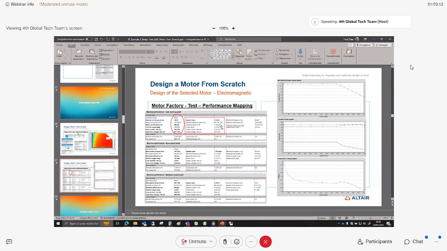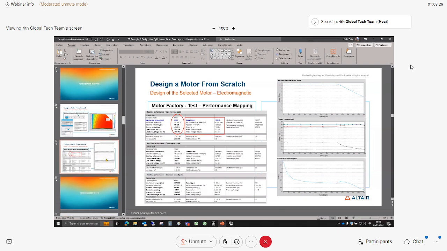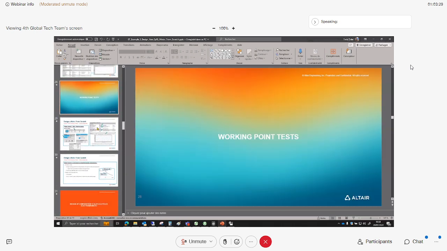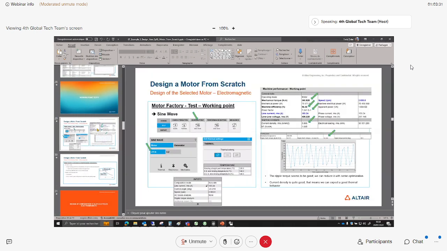Here, remember we fixed a power factor of 0.75. Here we have a slightly lower power factor of 0.73. So I am happy with this machine, and now I want to make some additional computation in accurate mode, in order to later have the iron losses on the rotor and to have a look at the torque ripple of this machine.